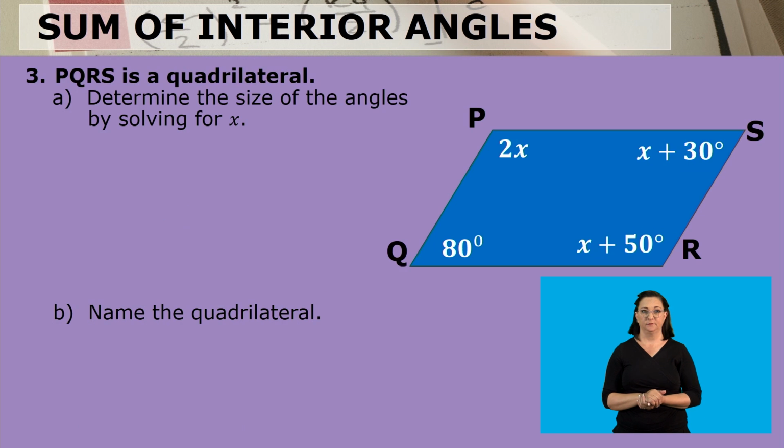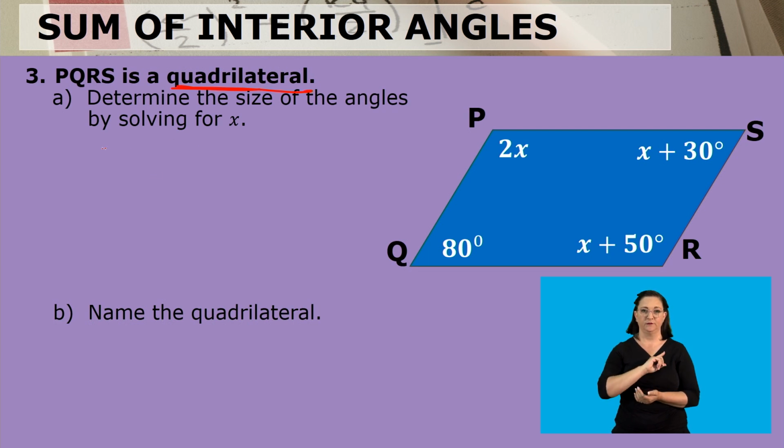The next question is, PQR is a quadrilateral. Determine the size of the angles by solving for x. Let's look at that question together. What do we know about a quadrilateral? We've just proven that the interior angles of a quadrilateral will be equal to 360.